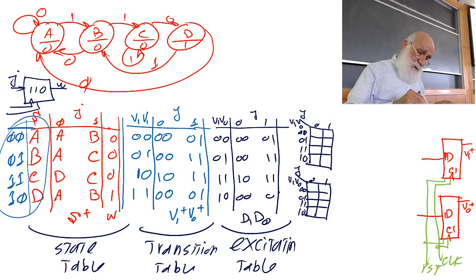Now I'm trying to find what happens to D1 and what happens to D0. D1 is 0, 0, 1, 0, 0, 1, 1, 0. D0 is 0, 0, 0, 0, 1, 1, 1, 1.